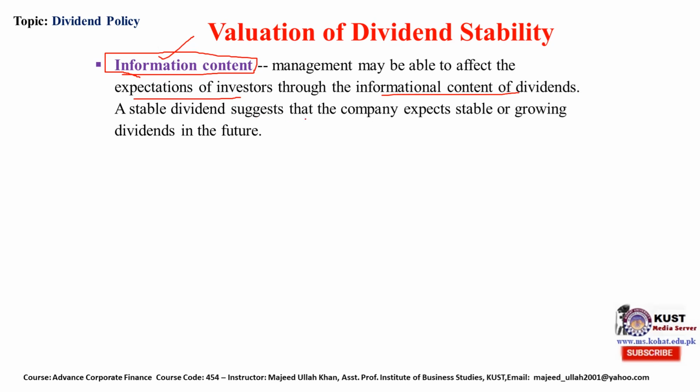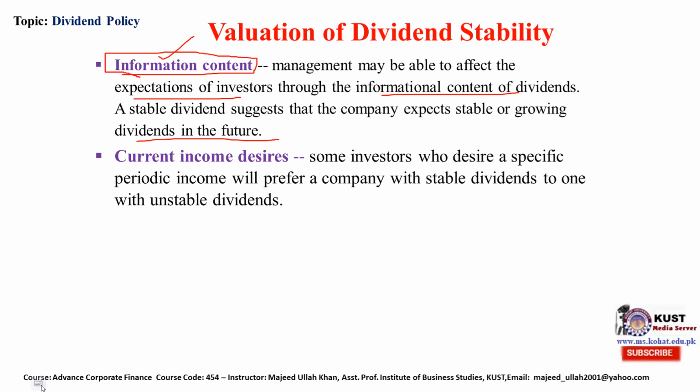A stable dividend suggests that the company expects stable growth or growing dividend in the future. They are communicating to the investors that we have stable growth, so our future is not dark, and we will continue to give you a dividend in the same way.